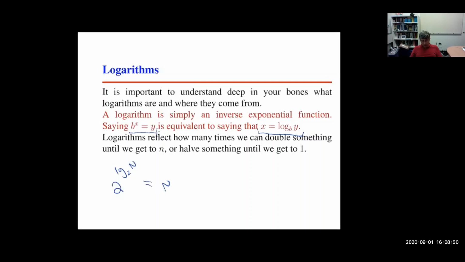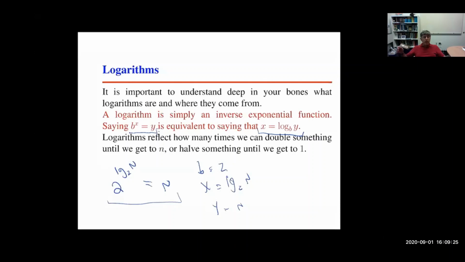Does everybody see that this expression can be written where b is equal to 2, x is equal to log base 2 of n, and y is equal to n? And that's exactly what we get on the right side.